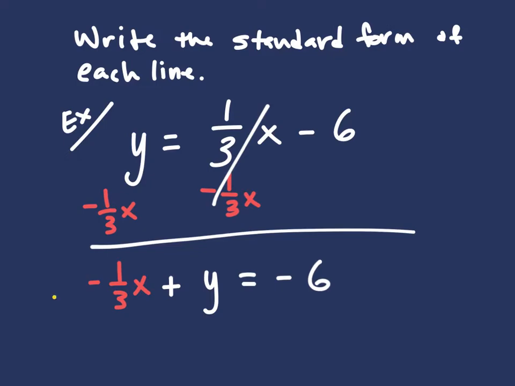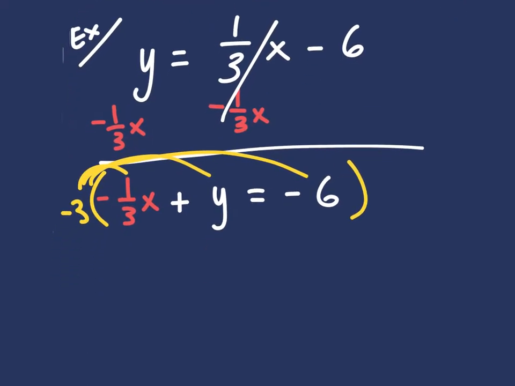If we multiply everything by -3, and we distribute that -3 into each part of this, we're going to get -3/1 times -1/3 times x, and then we're going to get -3y, because -3 times y is -3y, and then -3 times -6 is +18.